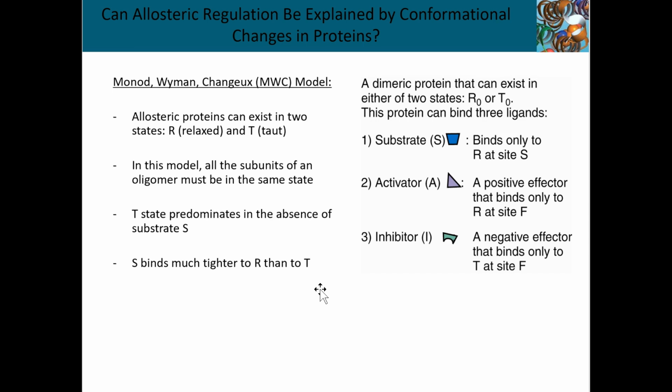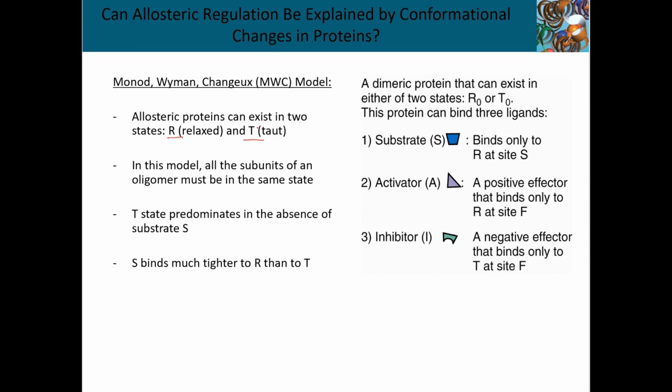So, under the MWC model, allosteric proteins exist in two forms. They have relaxed forms and they have taut forms. The relaxed form is more capable of binding the substrate, and the taut form is less prone to binding.